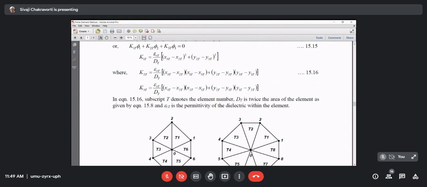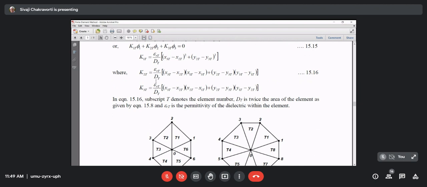Then K1T into phi 1. Now it will be K11 because the triangle is 1. Then phi 2 in this case will be phi 1. So K11 into phi 0, that's the first term. Then K21, because it is triangle 1, so K21 into phi 1.